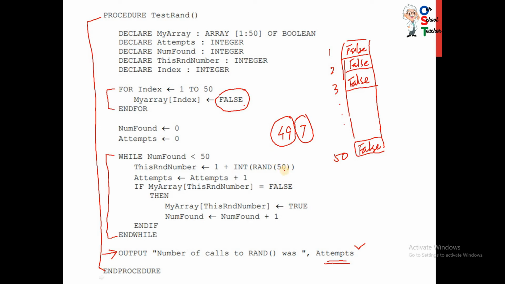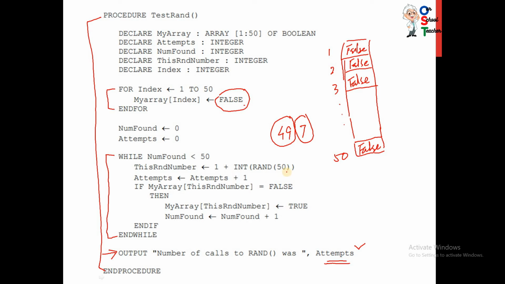Means 50 is inclusive, right? So whatever value it is generating, for example, up till 50, the value is less than 50, 49.7. So it will never generate a value which is more than 50 or 50.